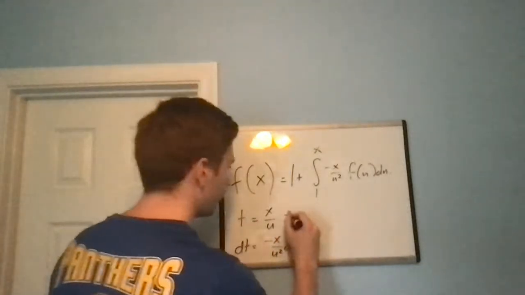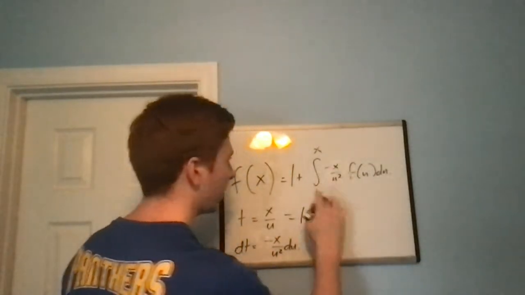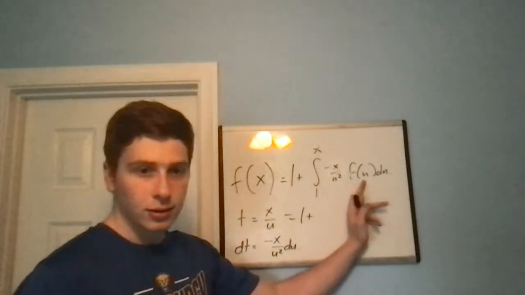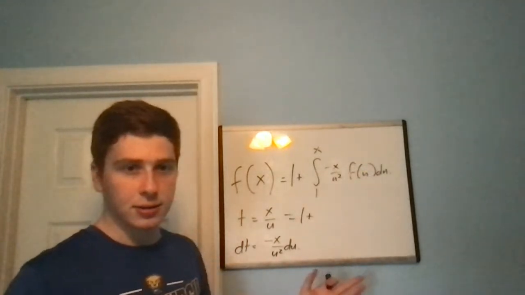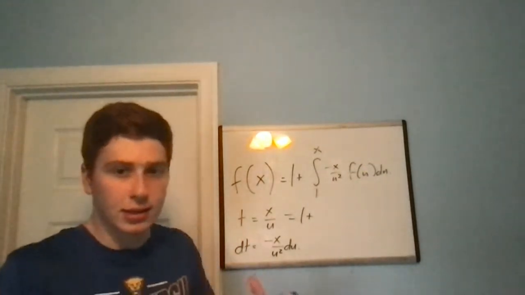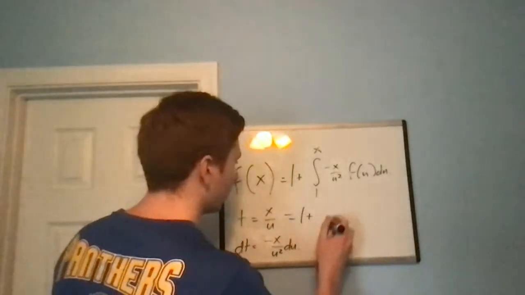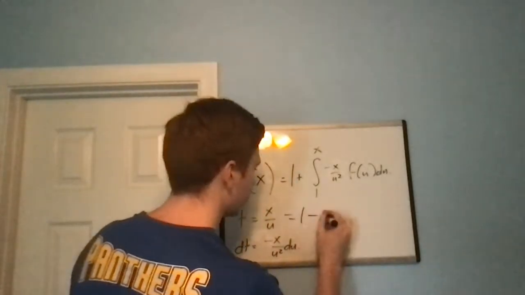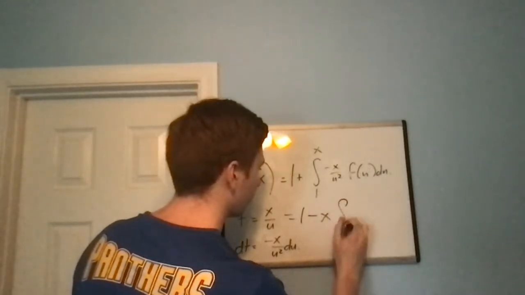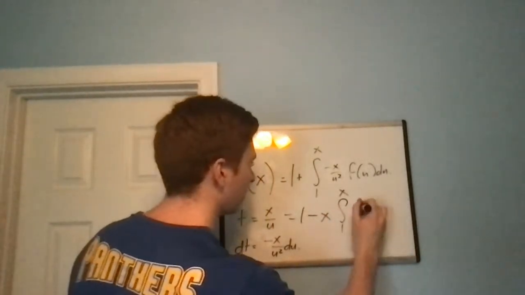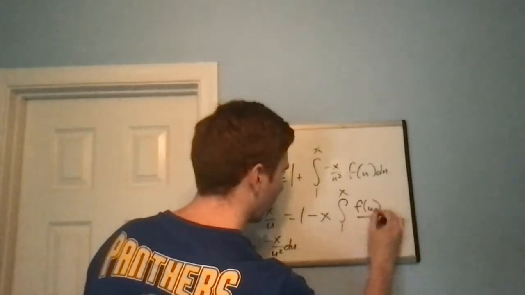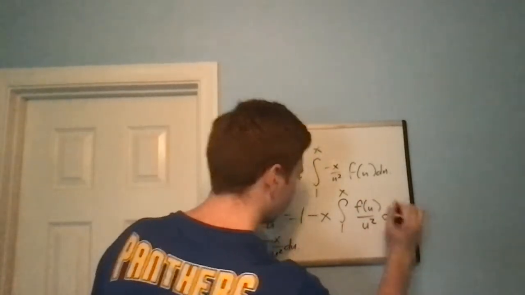And then what's great about this is the x is a constant in this integrand. So what we'll do is we'll pull out the minus x, and this becomes f of u over u squared du.